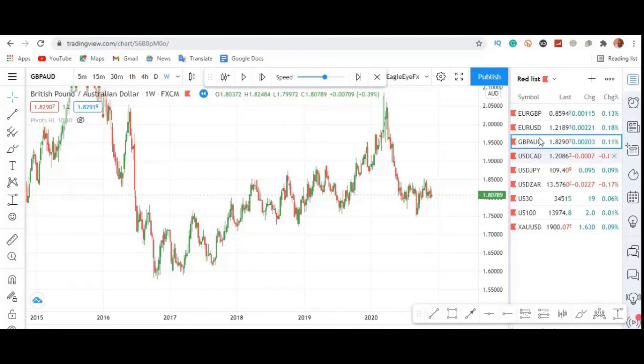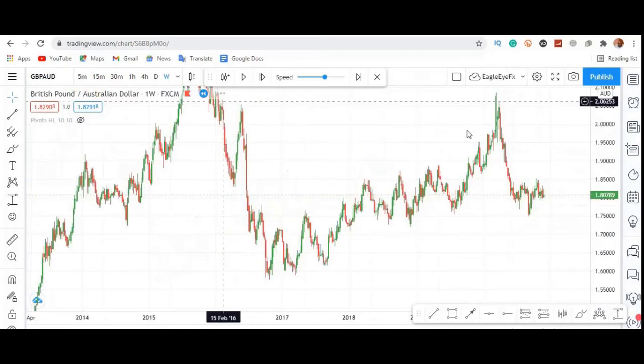So today we are looking at GBP AUD, that is British pound versus Australian dollar, and I am on the weekly time frame.